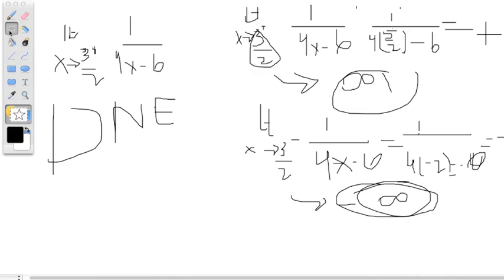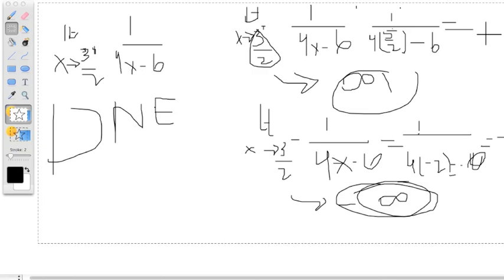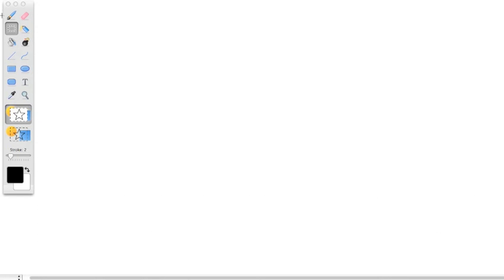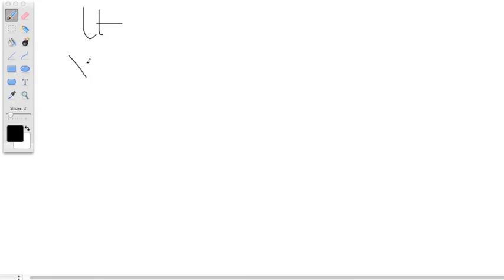So let's do one with just the right limit. Our next example is the limit as x approaches 1/2 from the right of 1 over (2x minus 1) cubed. Again, you choose a number that's to the right of 1/2. The easiest number would be 1.